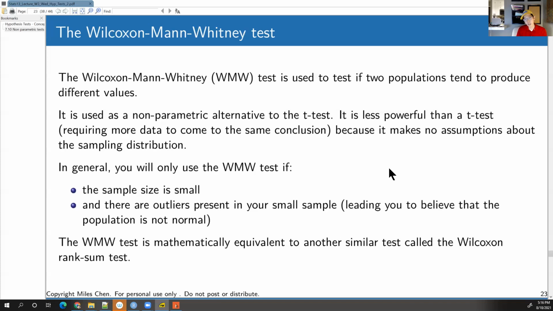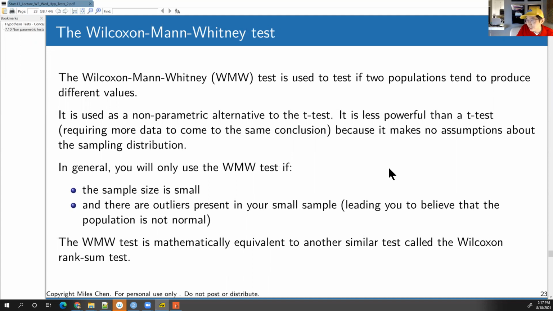And so in order to come to the same conclusion, it requires a lot more data. So again, going back to the analogy of whether you should hang out with a person or not, the t-test is the one where a couple of incidents is enough to say, let's reject the null hypothesis. We see the person be rude with the wait staff one time, and we go, that's enough, we don't need to hang out with this person anymore.